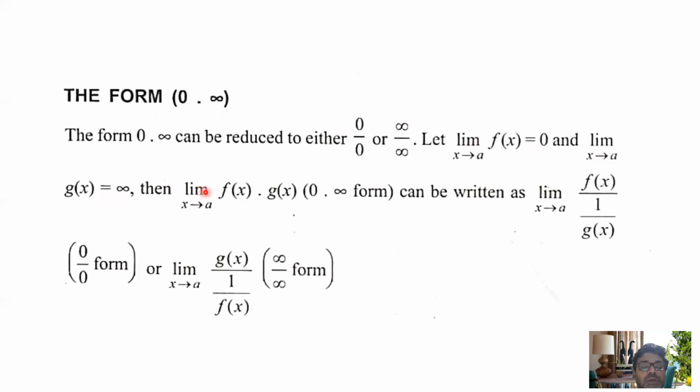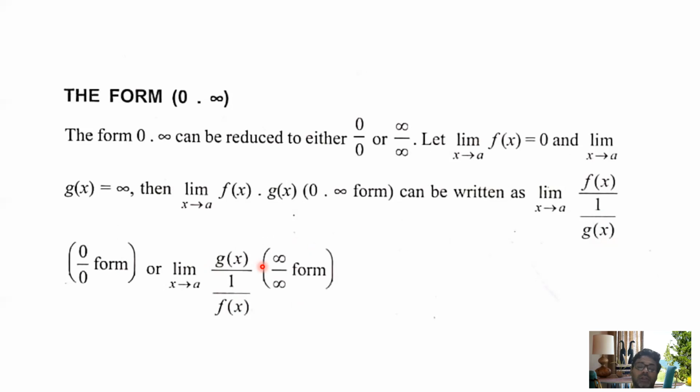Then limit x tends to a f(x) g(x) is of the form 0 into infinity. This can be written as limit x tends to a f(x) by 1 by g(x), that means 0 by 0 form, or you may write g(x) by 1 by f(x), that is infinity by infinity form.